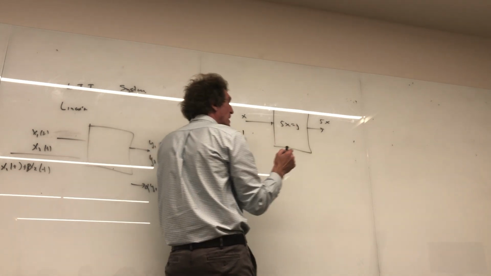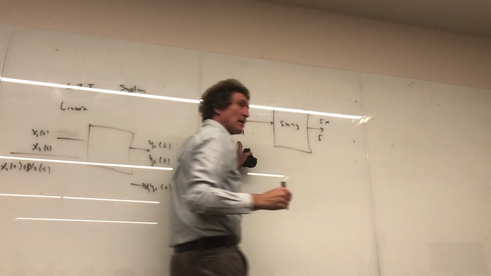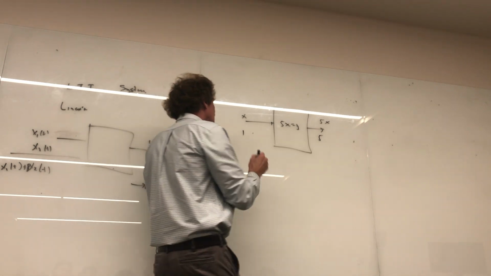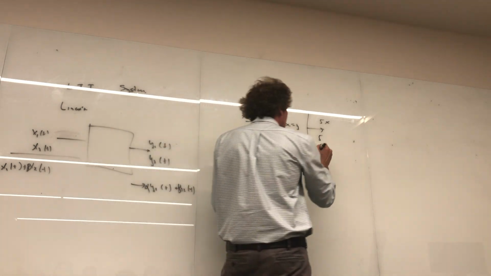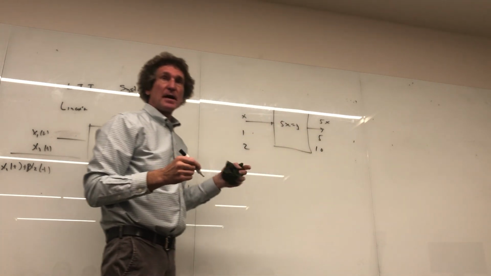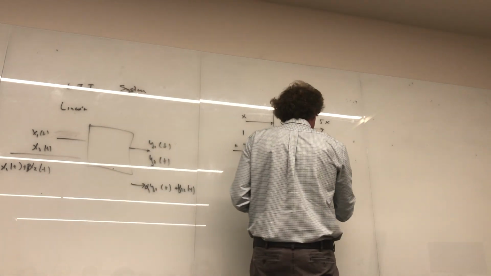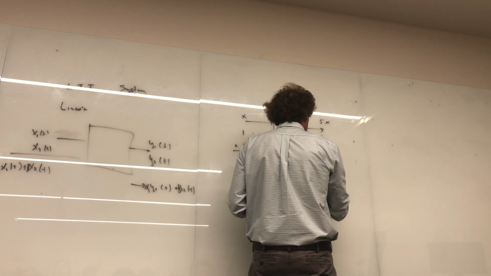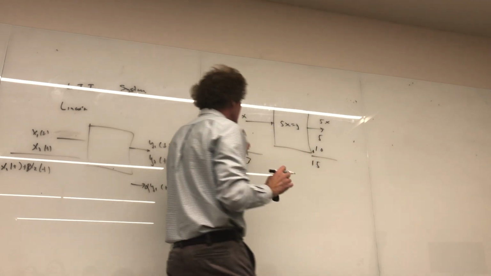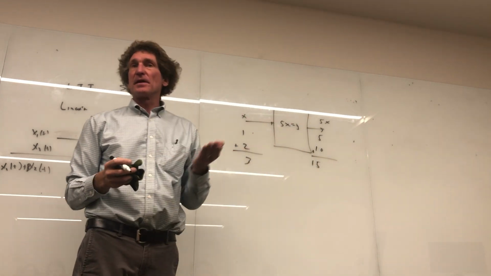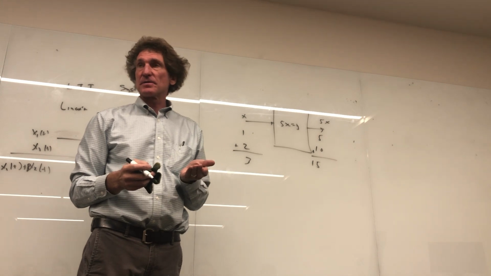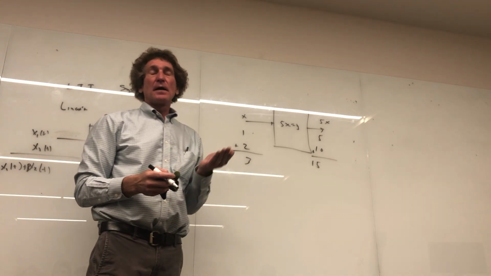If you have 1 there, output is 5, right? Let X be 2. Output is 10. Follow me on this? Add them together. If I had 3, output would be 15. It's linear. Follow me on this? You can add the signal's value, and that would be linear.